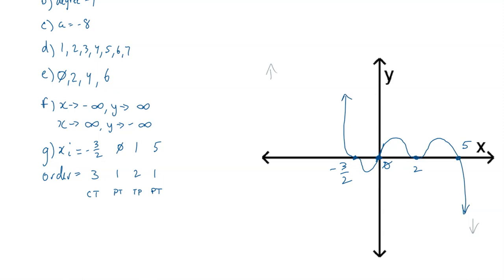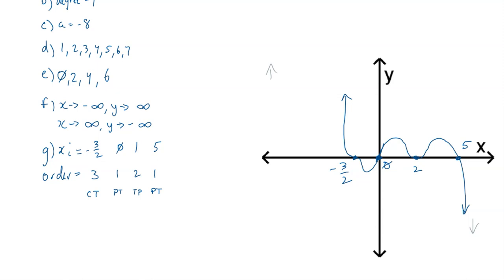match the end behavior. If I missed one of the x-intercepts, or if it was a turning point and I made it a pass-through, my end behavior would be wrong. All the properties of the graph will match. Like, I didn't force it to end down like that.